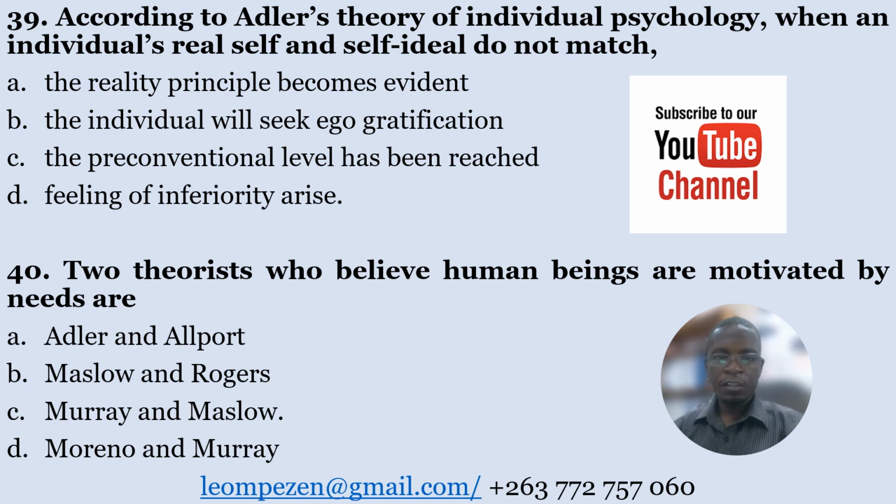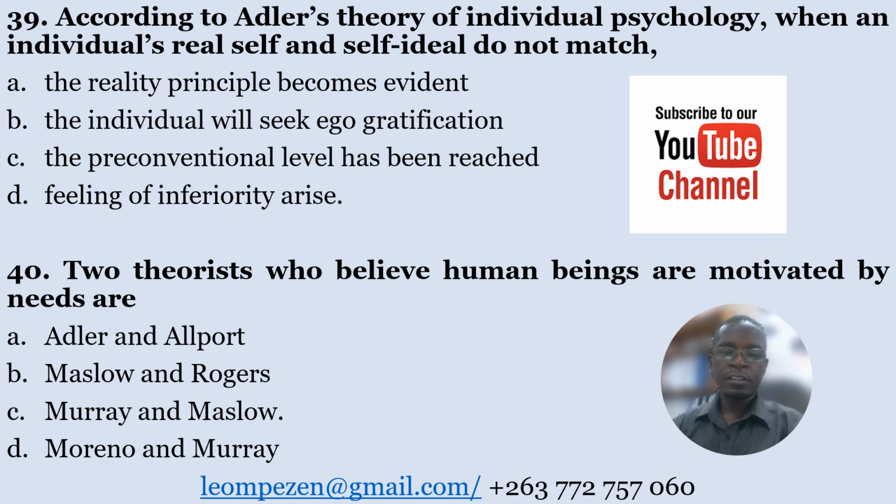According to Adler's theory of individual psychology, when an individual's real self and self-ideal do not match, A. the reality principle becomes evident. B. the individual will seek ego gratification. C. the pre-conventional level has been reached. D. feelings of inferiority arise.